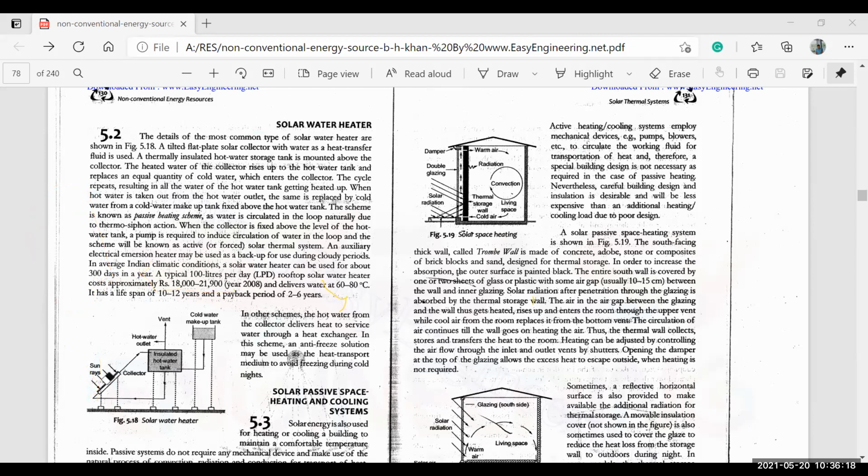So the solar water heater has been accepted for commercial, industrial, as well as domestic purposes. Many people at home used to have this solar water heater, and in institutions and hospitals you could find it.